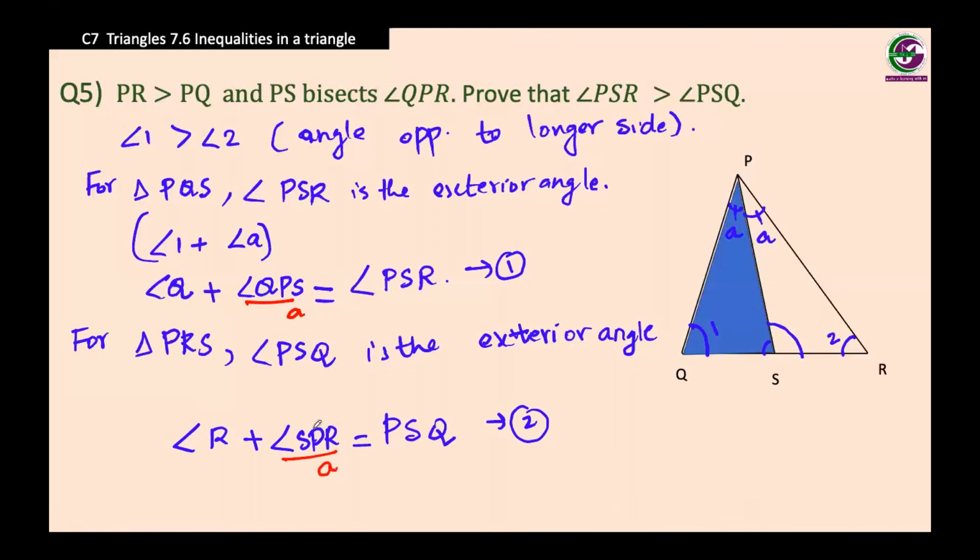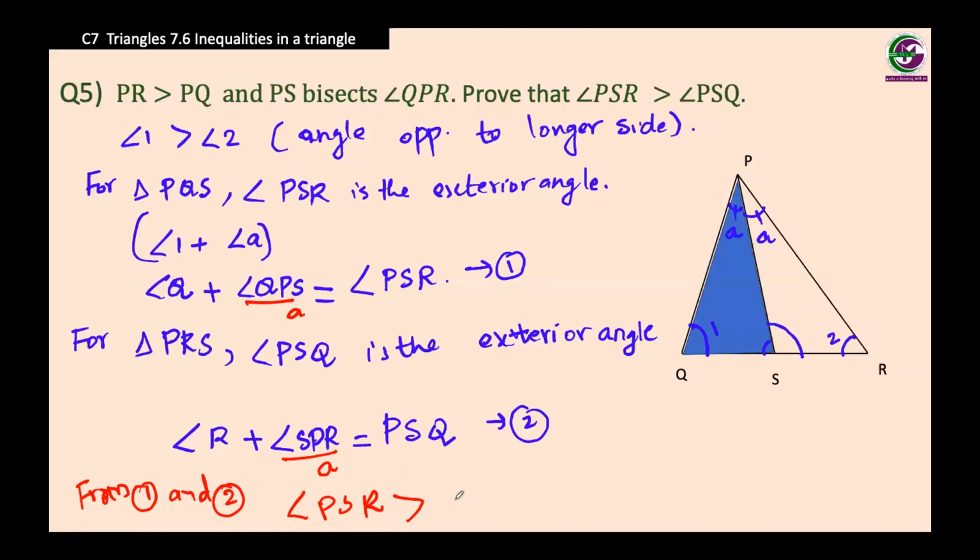But we know that angle 1, which means angle Q, is greater than angle R. So when we compare equations 1 and 2, these two are equal, but angle Q is greater, which means angle PSR is greater, because equation 1 is greater than equation 2 since Q is greater than R, so the right side will also be greater.